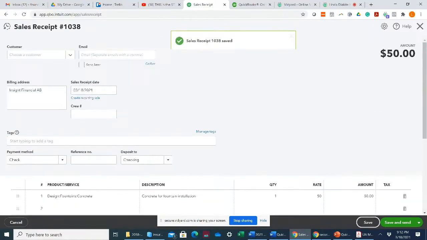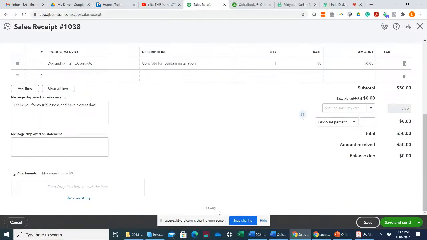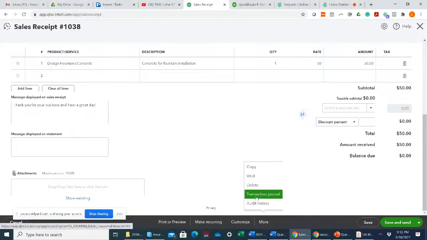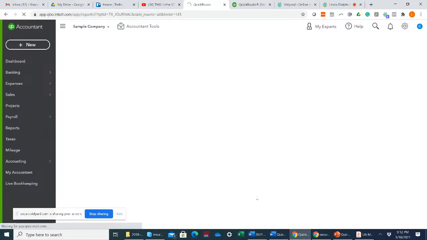I'm going to show you what QuickBooks does behind the scenes regarding the sales receipt. If you go to More and then go to Transaction Journal, you'll see what QuickBooks has done behind the scenes.